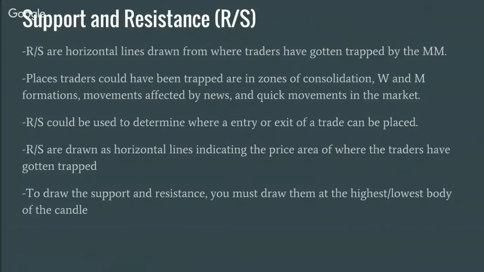Quick movements can be the news or just random quick movements in the market affected by a disaster or anything like that that may have happened somewhere in the country or stuff like that. Okay? So these are places where traders could be trapped.